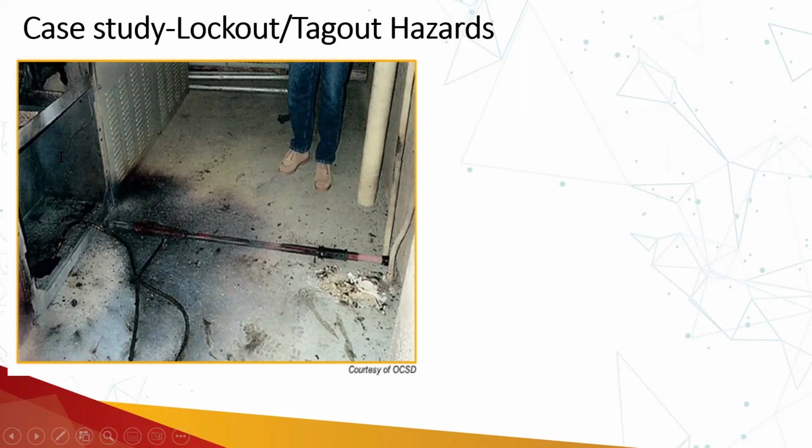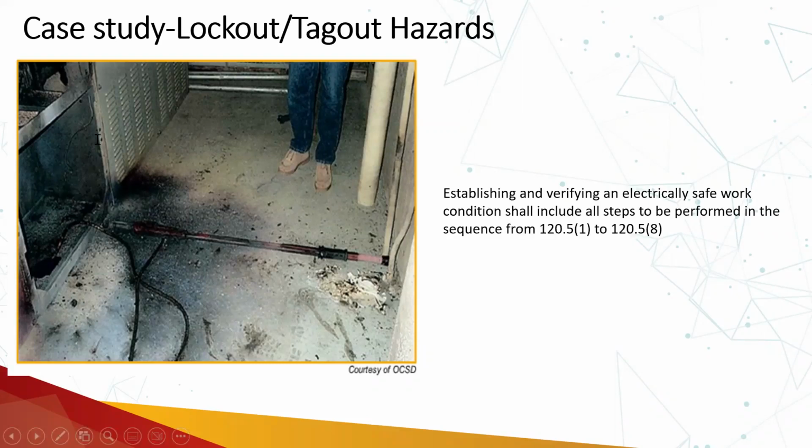So one step he changed resulted in a flashover. So establishing and verifying an electrically safe work condition shall include all steps to be performed in sequence from 120.5(1) to 120.5(8). So all steps should be in sequence.